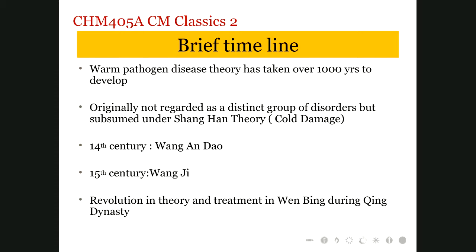Around that era of the Qing dynasty, there were horrible epidemics around the Yangtze River, in a much warmer climate. The Han dynasty Shang-Han theories developed in a colder, more northern part of China.